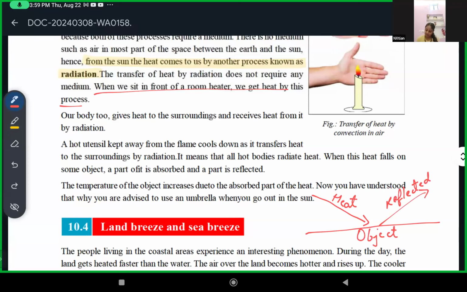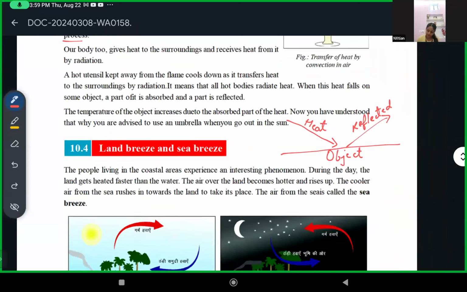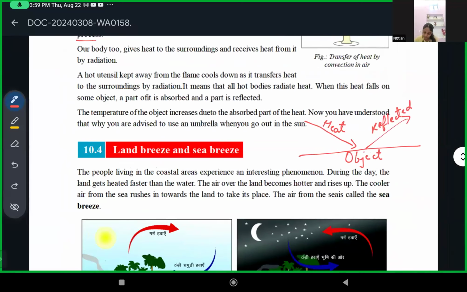Then the temperature of the object increases due to the absorbed part of the heat. So here it will absorb. So the temperature of the object will increase because of the heat it has absorbed.